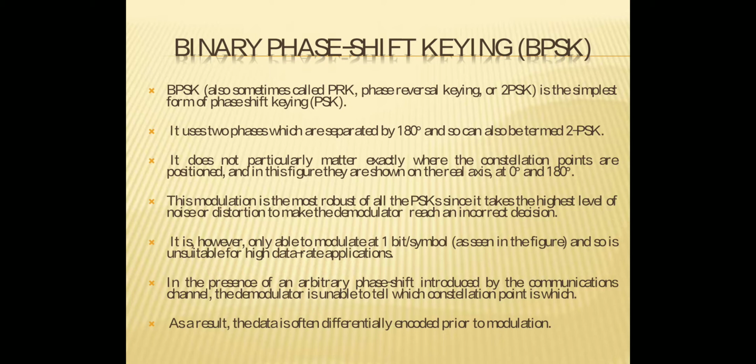It is, however, only able to modulate one bit per symbol and so is unsuitable for higher data rate applications. In the presence of arbitrary phase shift introduced by the communications channel, the demodulator is unable to tell which constellation point is which. As a result, the data is often differentially encoded prior to modulation.